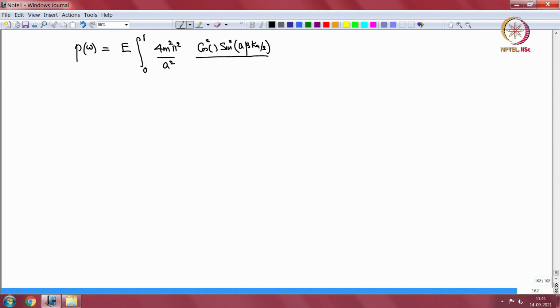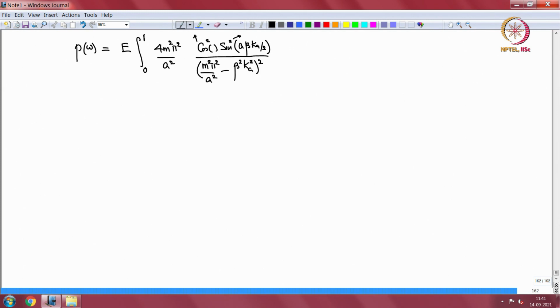It's either or: cos when m is odd, sin when m is even, divided by (m²π²/a² − β²k_a²) whole squared.